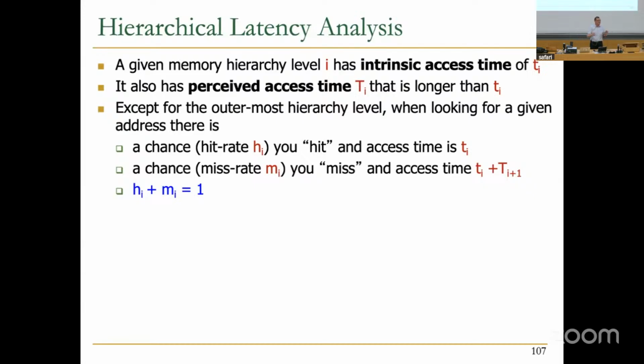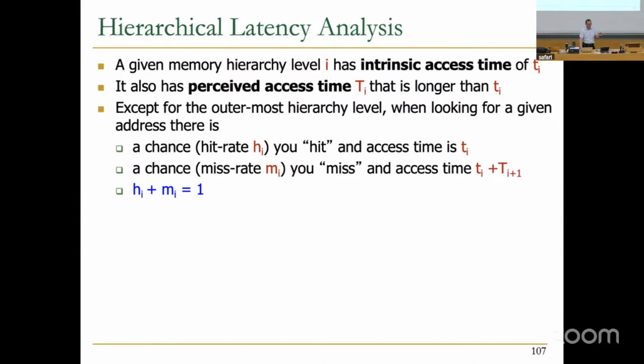Okay, so hopefully this is clear. This is a hierarchical thing that we will actually look at. But basically for any given level, the hit rate plus miss rate is equal to 100%. You have 100 accesses, 99 of them are going to hit in the cache, one of them is going to miss. That's one example.